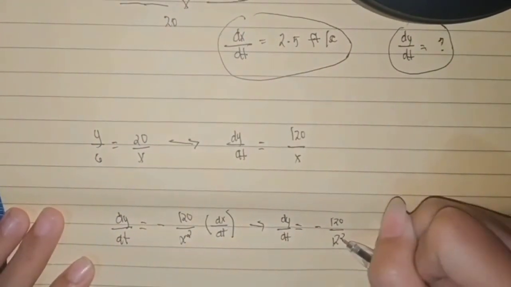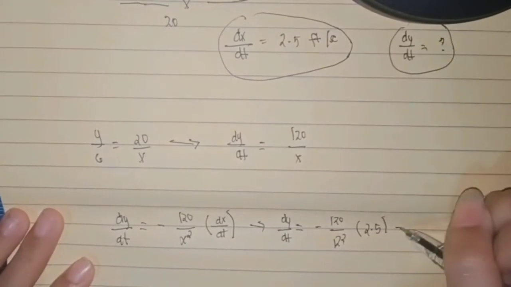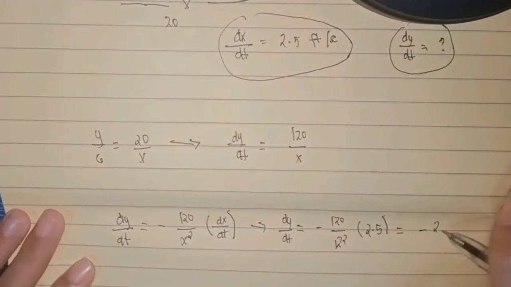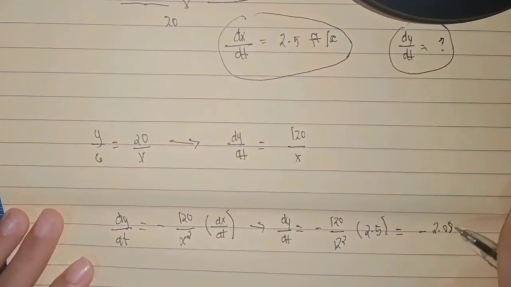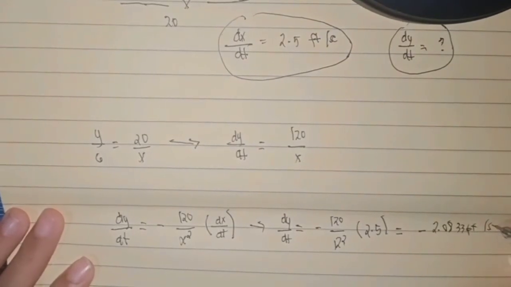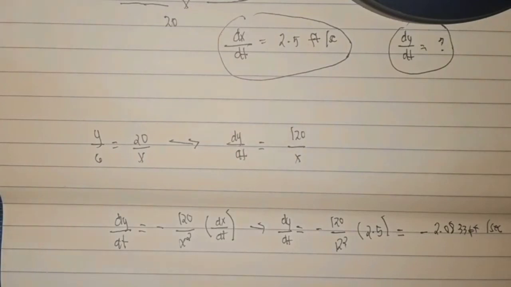Negative 120 over 12 squared multiplied by 2.5 is equals to negative 2.0833 feet per second. Therefore, the height of the shadow is decreasing at a rate of 2.0833 feet per second.